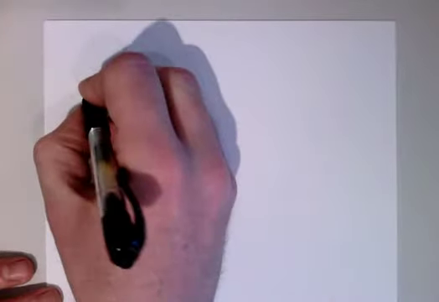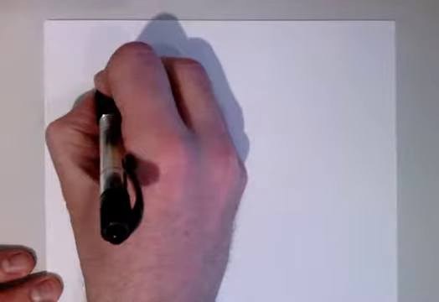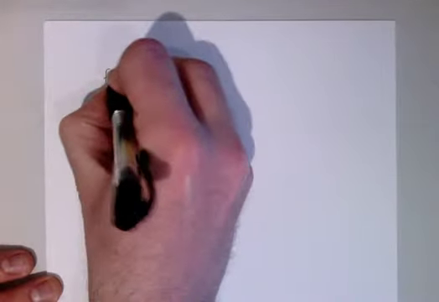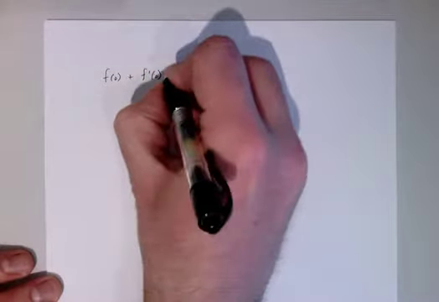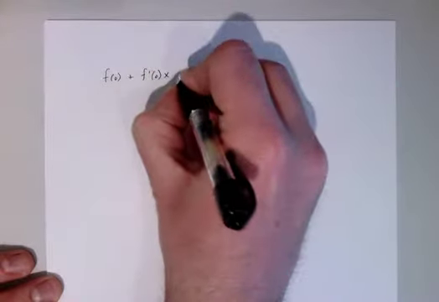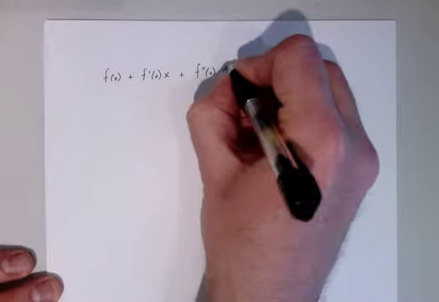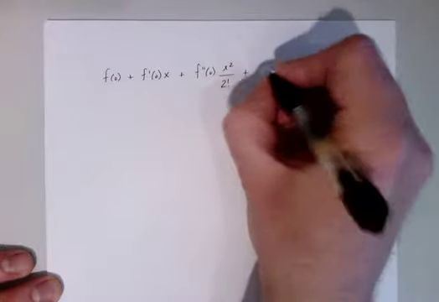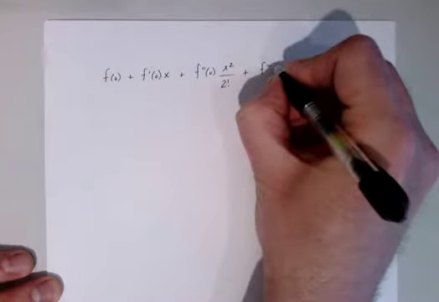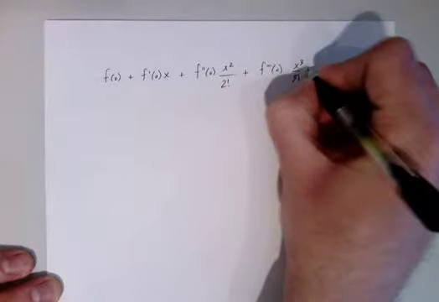Okay? So what we know here is that if we have a function and we have the Taylor series centered at 0, we have f of 0 plus f prime of 0 times x plus f double prime of 0 x squared over 2 factorial plus f triple prime of 0 times x cubed over 3 factorial, and on and on and on.